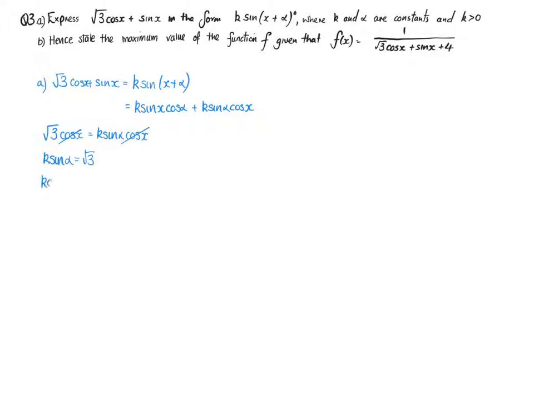And then we get k cos alpha equals 1 from a similar kind of thing, but not going to go through it. Right, so we then get that tan alpha is equal to k sine alpha over k cos alpha, which in this case is root 3 over 1.